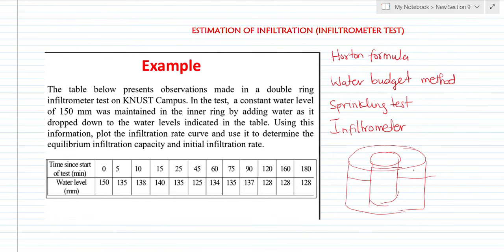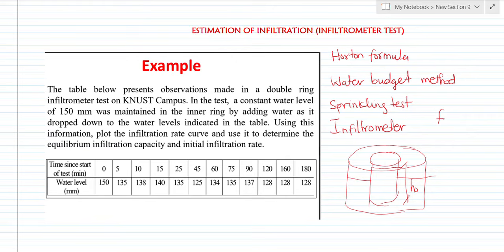Then we time ourselves. First of all, we measure the height of the water level and time ourselves by a certain interval, and we get to know the amount. This is what is done to get the data, and out of that, we determine some parameters. What parameters do we find?